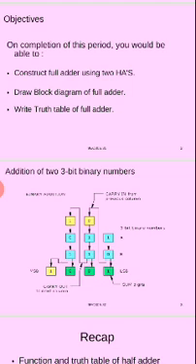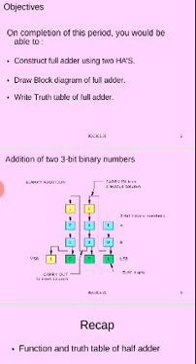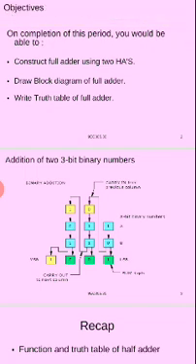We know the actual truth table of that half adder is for 2 inputs. There are 2 combinations. If there are 2 inputs and binary bits are 2, its combination is 2 power 2, means 4 combinations we get, that is 0 0, 0 1, 1 0, 1 1.